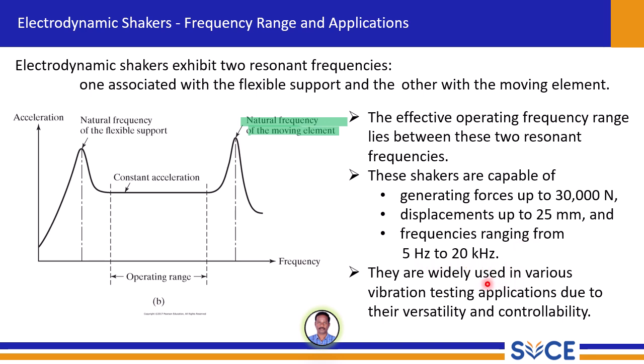This wide range of capabilities, combined with their excellent controllability over the amplitude and frequency of vibration, makes them widely used in a vast array of vibration testing applications across different industries.